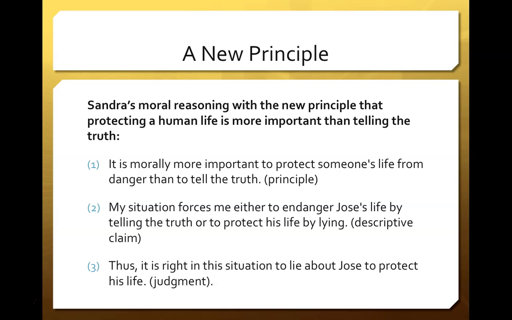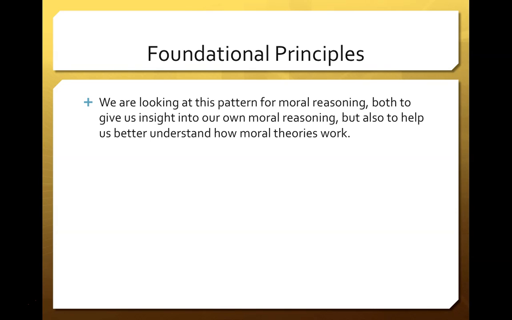Again, we begin with a principle, which in this case is a moral principle that's designed to help ease the tension between the moral conflict. We add the descriptive claim that moves from a generalizable claim to our particular situation, and we end with our moral judgment.